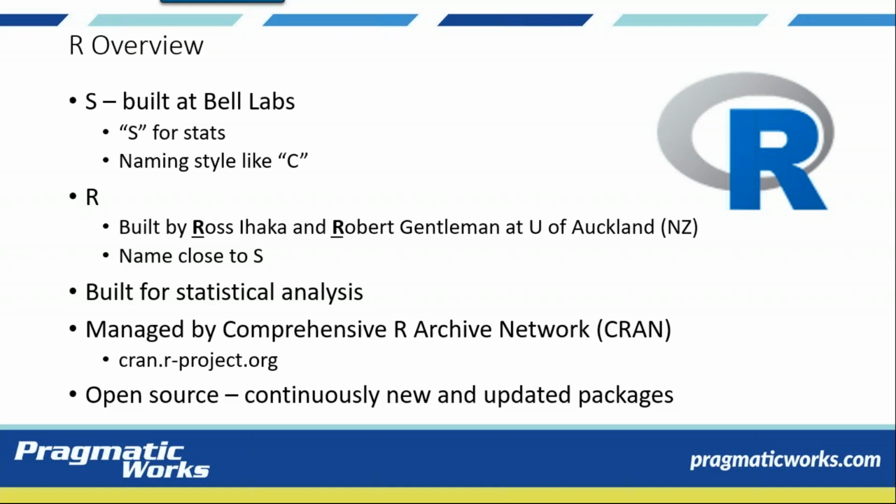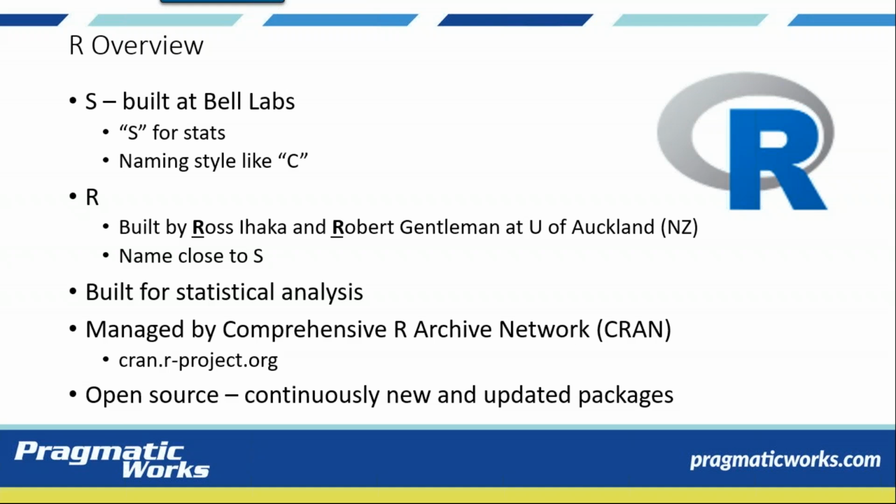It was named S kind of to follow along with a language that was becoming popular, which was C. So these single letter names for languages. And then two guys by the name of Ross and Robert built this language based on S, and kind of a take on their first names and the pattern of the day came up with the name R. And so that's what that means.